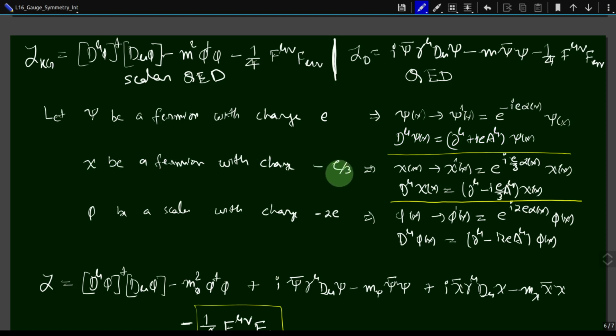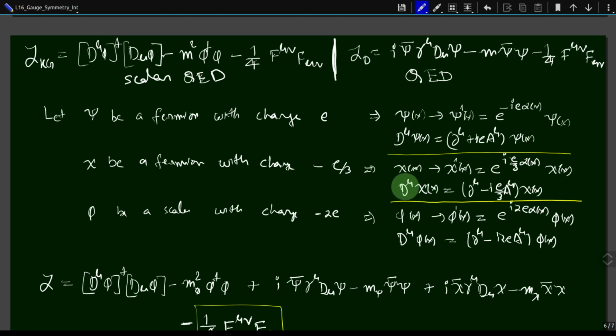So whenever you see E in the previous equation, you replace it by minus E by 3. So chi of x goes to chi prime of x equal to exponential plus i E by 3 alpha of x. Small e is replaced by small e by 3 with a minus sign, and that says d mu of chi of x is del mu minus i E by 3 A mu acting on chi of x. So this is how I'll write d mu acting on chi.